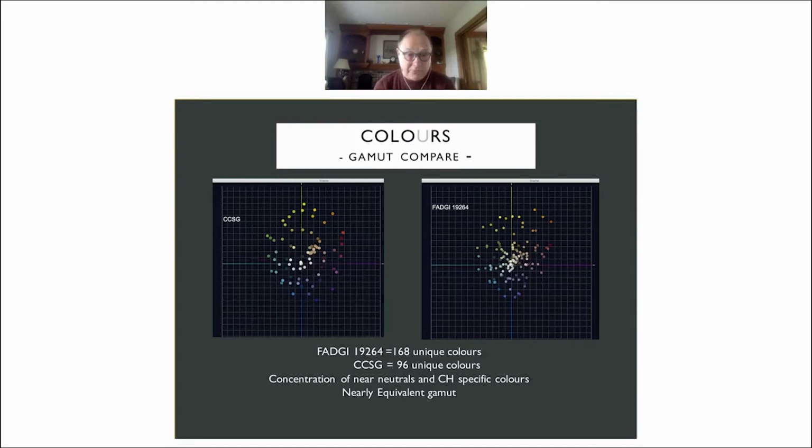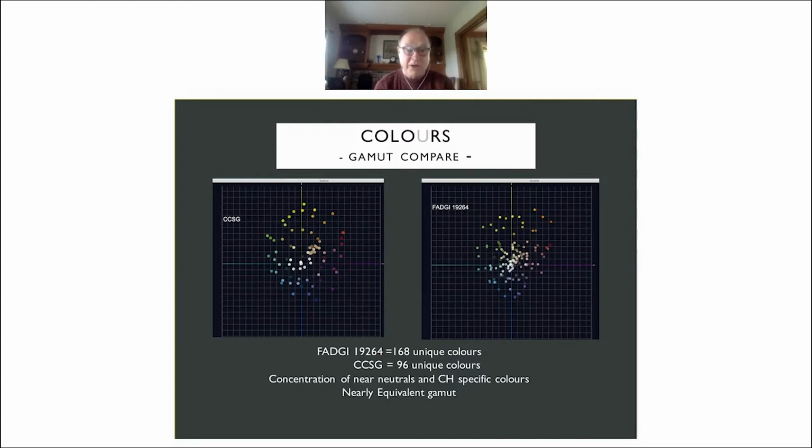Now, there are differences, but we've actually maintained the same kind of thinking that the ColorChecker SG does. If you notice in the 45-degree angle of the ColorChecker SG, there's a high concentration of flesh tones. You can imagine why those were a high concentration, because photographers were doing portraiture.